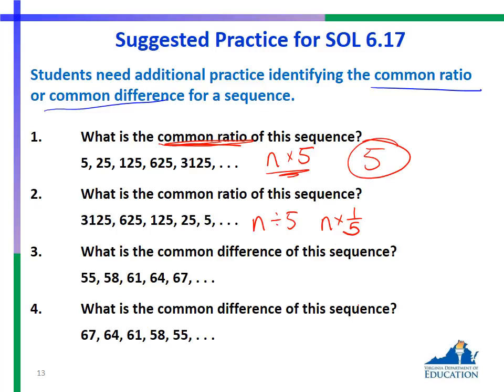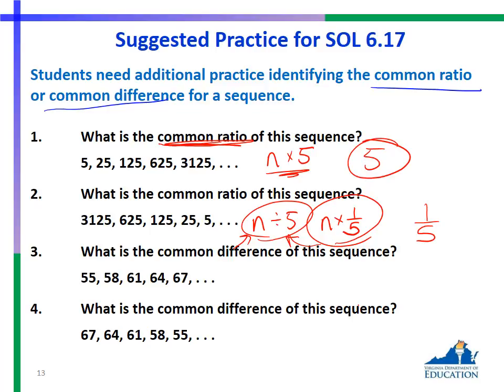Sometimes it might say divide by 5, but if it asks you for a fraction, multiplying by a fifth is the same as dividing by the denominator, 5. So I can say that the common ratio for question number 2 is 1/5.